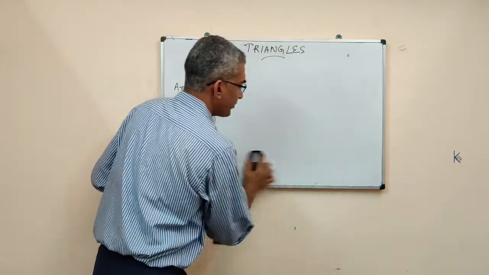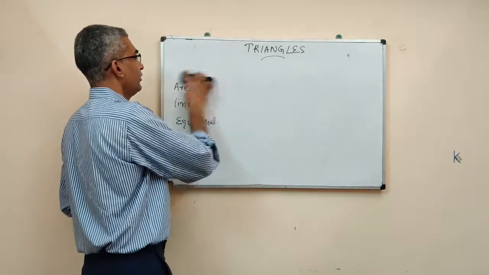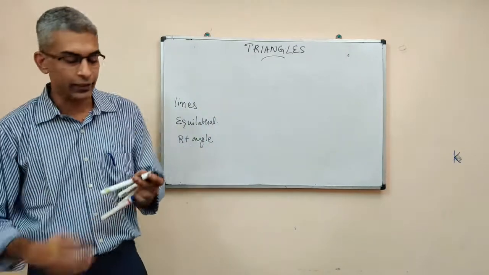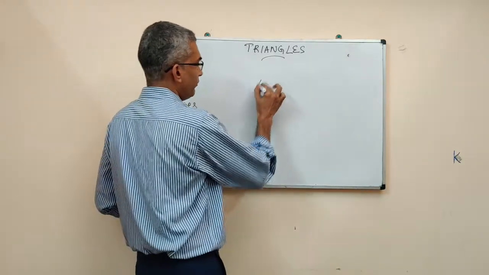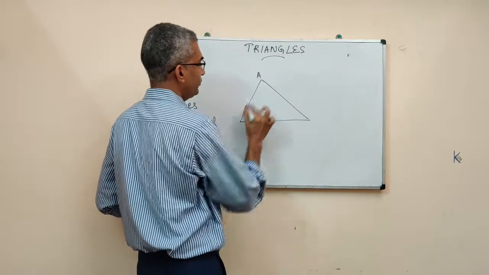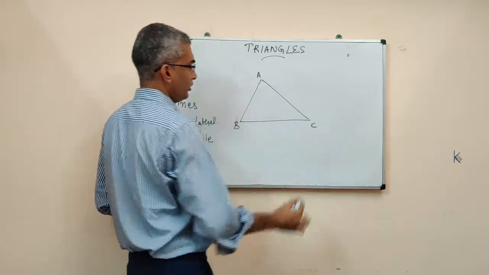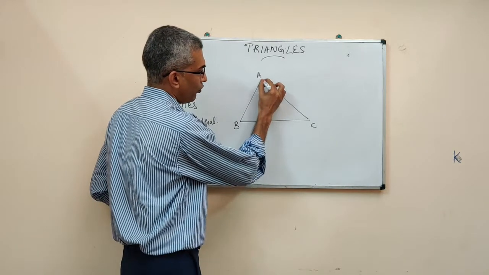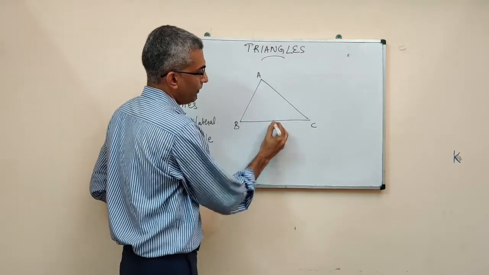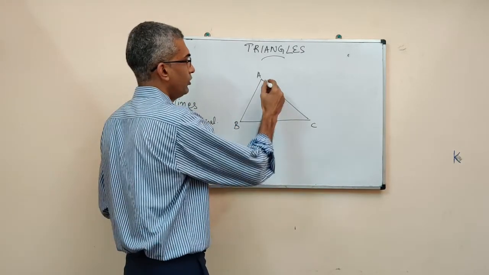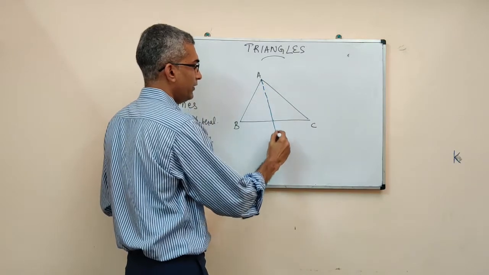Now when you do problems on triangles, you should be quite familiar with the common lines that are drawn on a triangle. Let's say you have a triangle ABC. The line joining one vertex to the midpoint of the other side is called the median. This is the median.